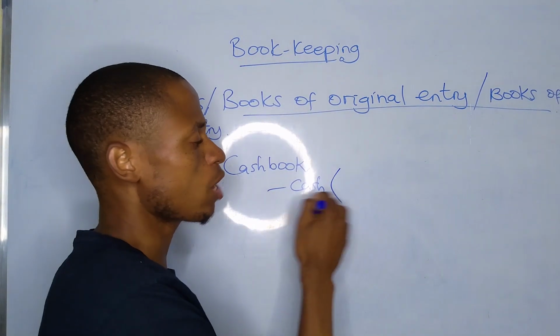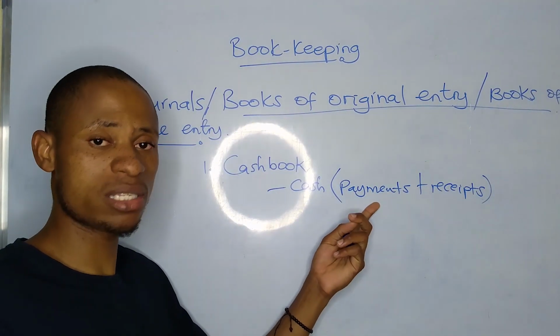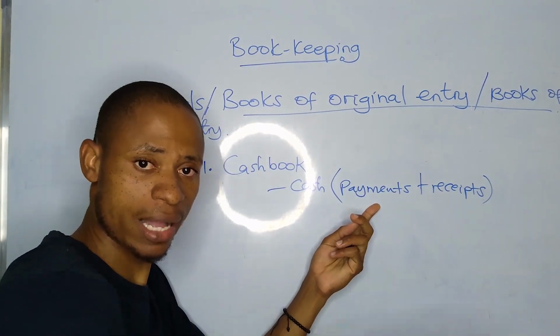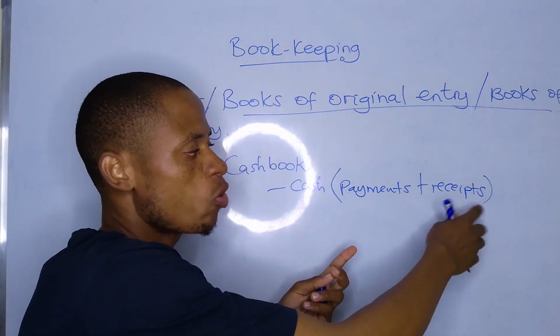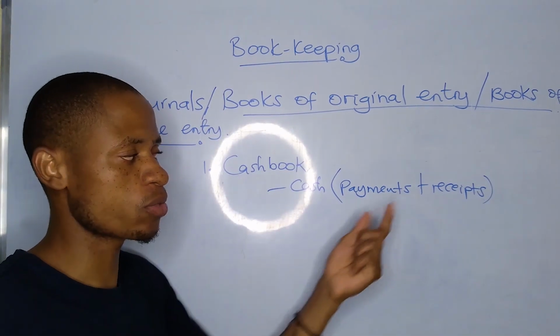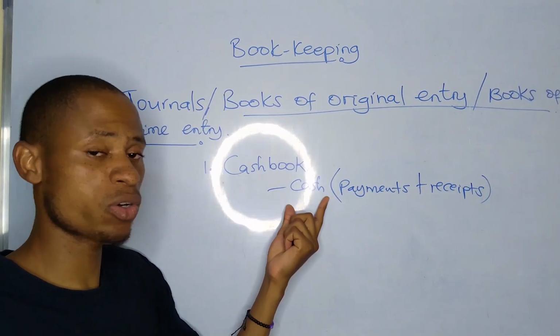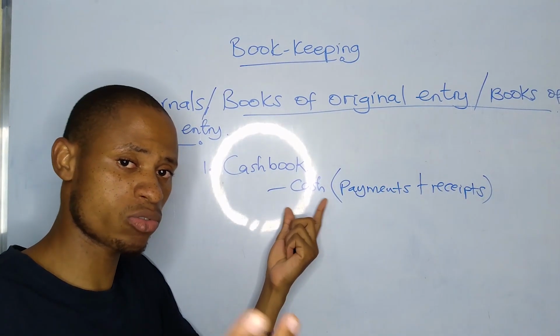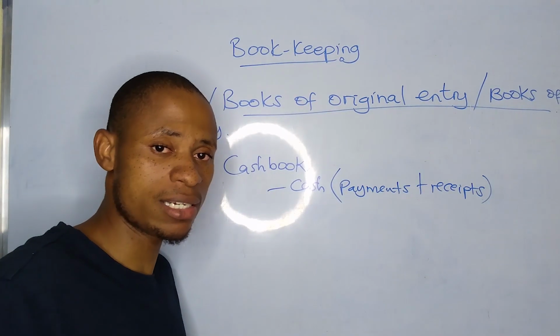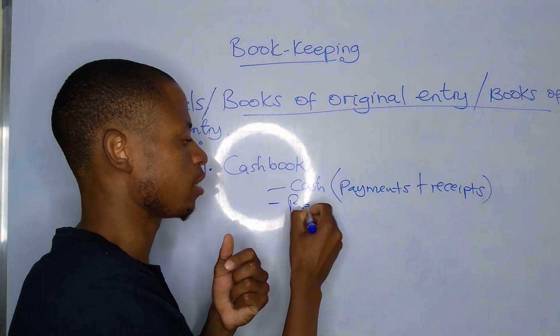It records all cash payments and receipts. All payments that are being made, that means cash outflow, and all receipts, cash received, cash inflow, all revenues and expenditures are recorded in a cash book. As we know, cash can be divided into two: cash in hand, the current cash that we have, and cash in the bank.